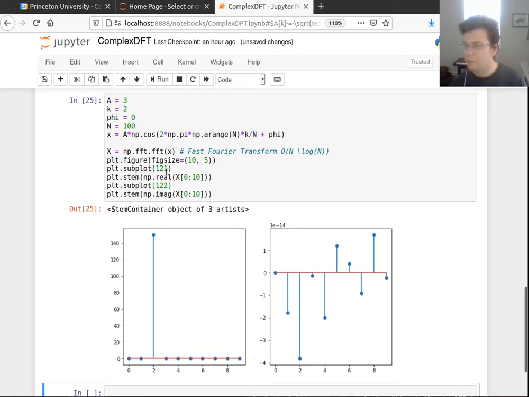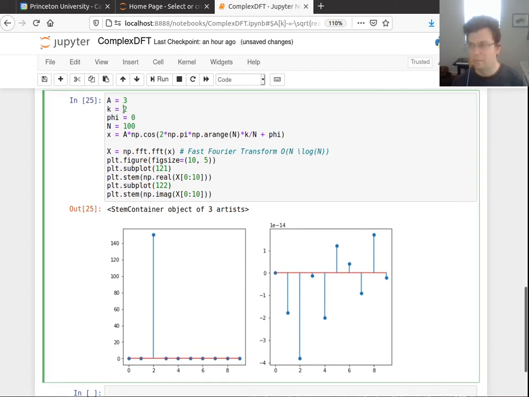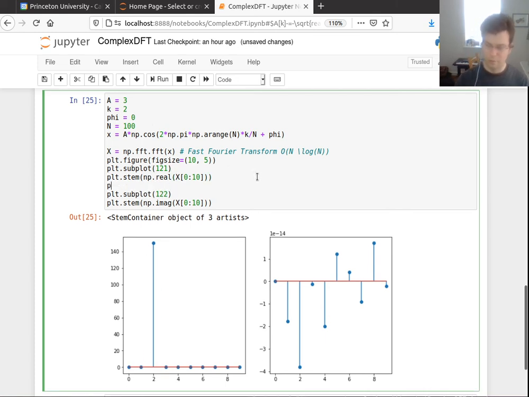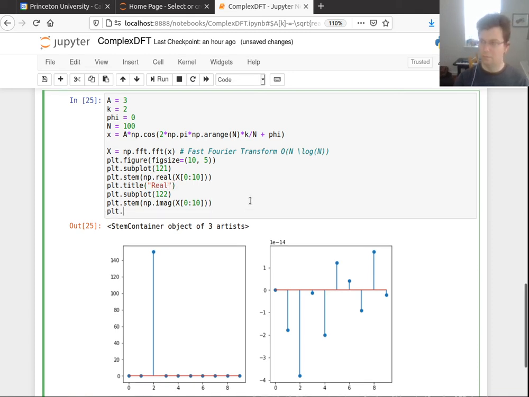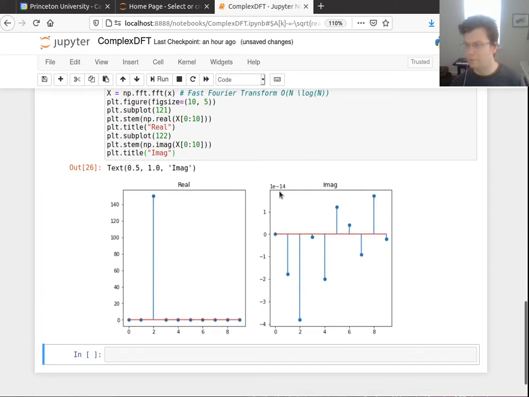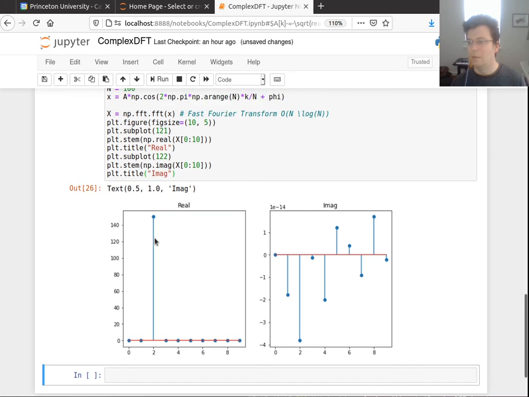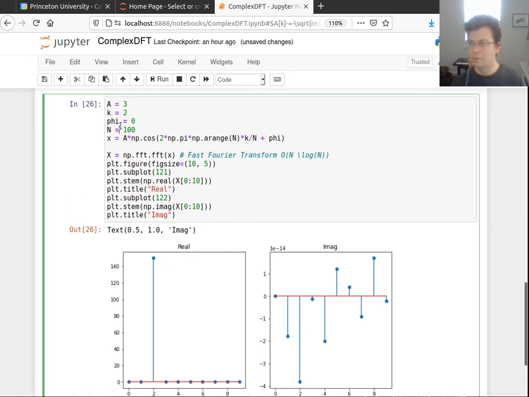So what I see here is, this is a thing that was at frequency index 2, and I see that's in the cosine component, or the real component. That is the only one that really shows up. And in the imaginary components, we get a bunch of very, very tiny numbers. This is times 10 to the negative 14th. So frequency index 2, that's the only one that shows up.